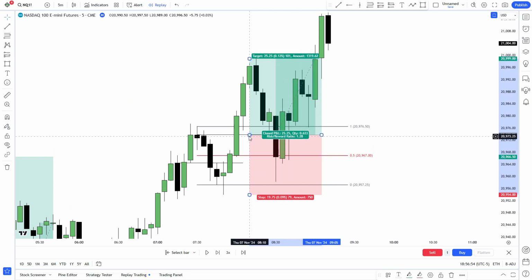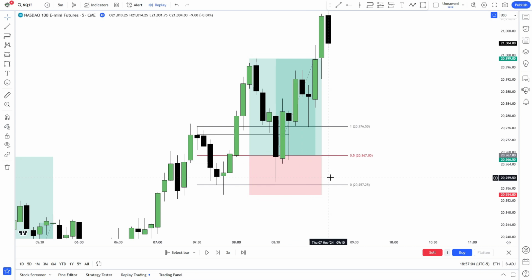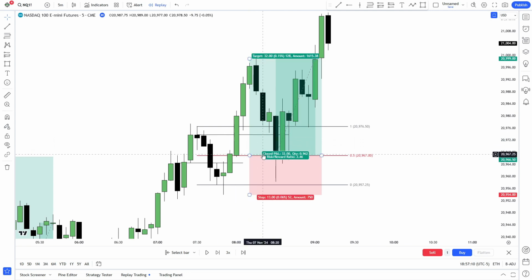Now, if I look to enter off of the mean threshold, my risk to reward instantly increases to 2.46. Now this is much higher, and this is why I prefer to enter off of the mean threshold when we have a low risk to reward off of entering the opening price.